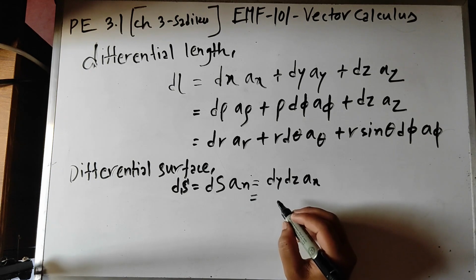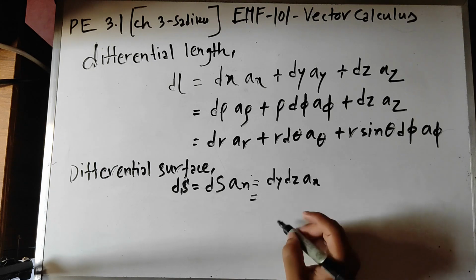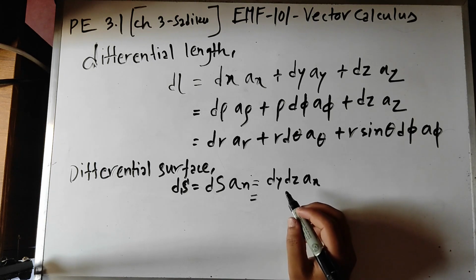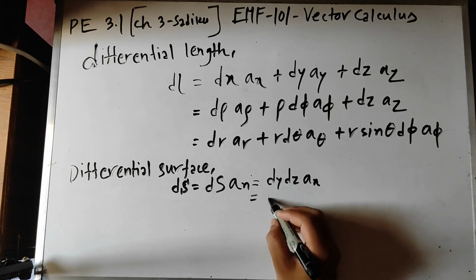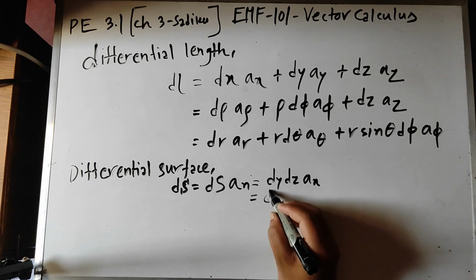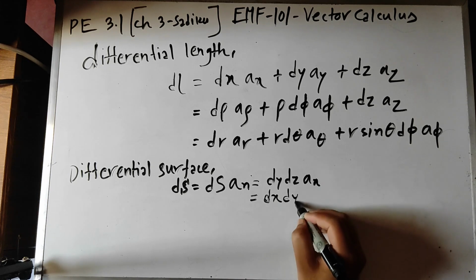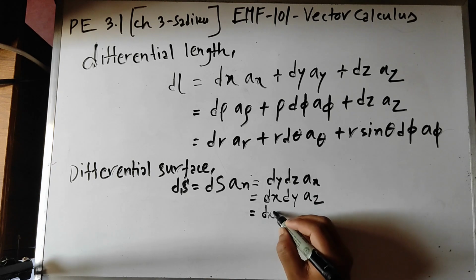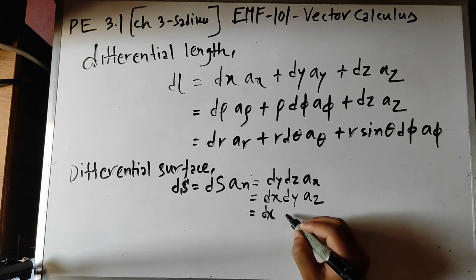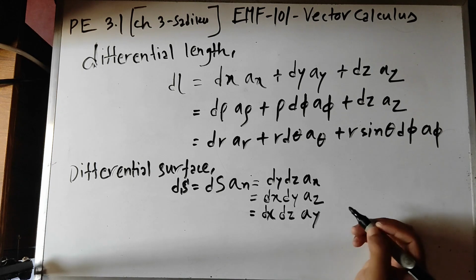The surface in the direction of az is dx dy in the direction az, and in the direction ay it is dx dz in the direction ay.